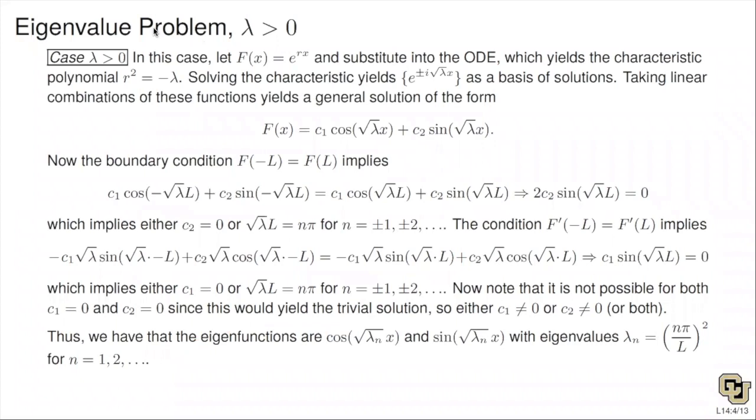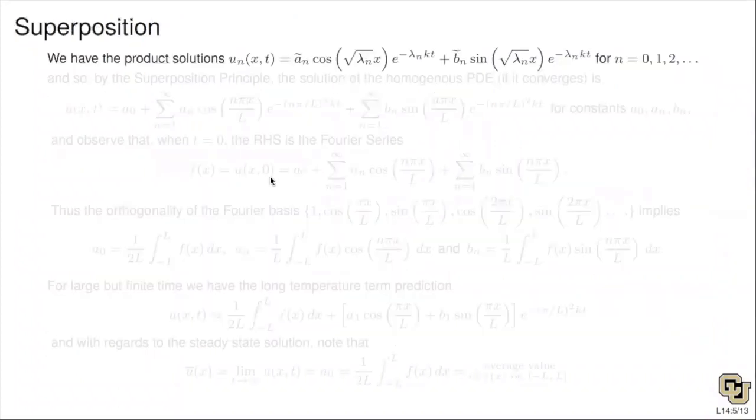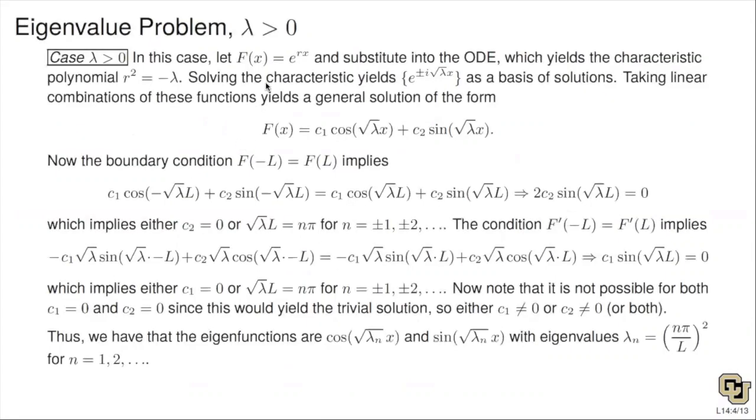So remember that we now put it all together. We do a product solution where we've taken this thing, we've replaced square root lambda with n pi over L. So square root lambda would just be this part without the square. And we've plugged it in right there.